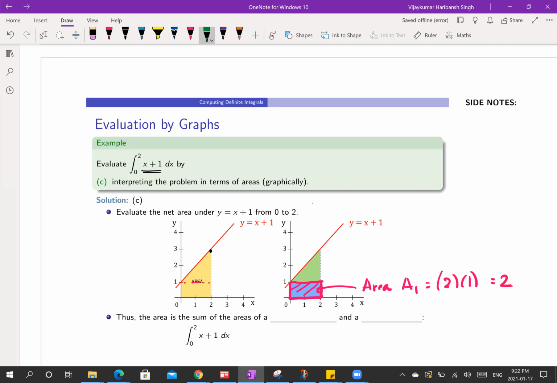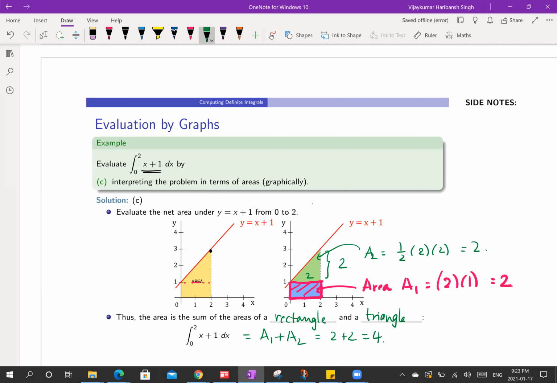For the other part, the height is 2 and the base is 2, so area A2 is a triangle: half base into height, which is half of 2 times 2, which is 2. Therefore, the area is the sum of the area of a rectangle and a triangle. Hence the integral from 0 to 2 of x plus 1 dx is A1 plus A2, which is 2 plus 2, which is 4.